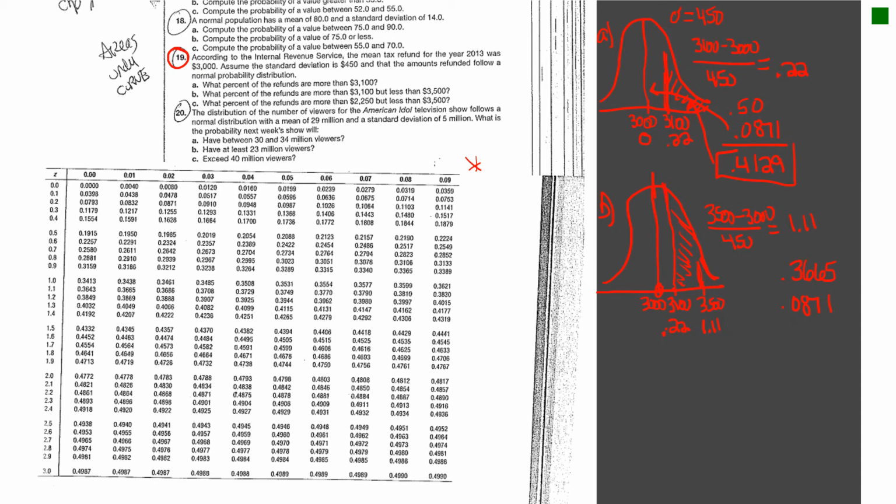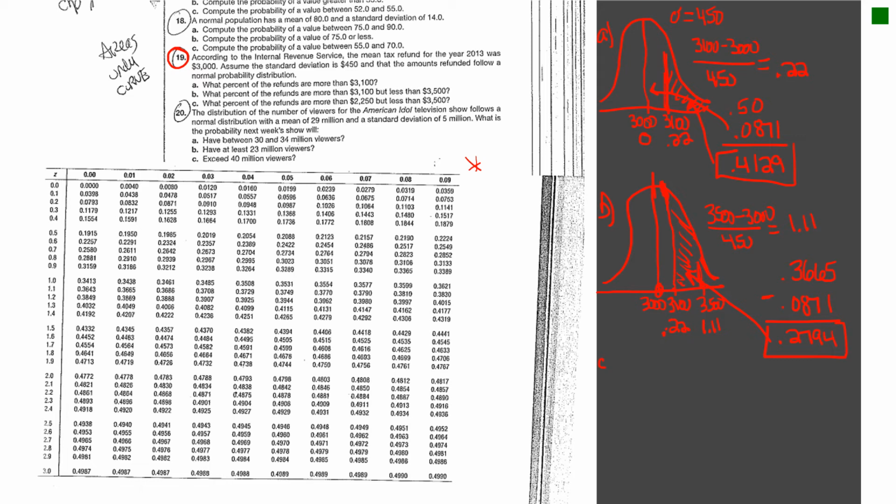So because we want where they intersect, and the table goes to the left for both, to get what's in the middle, we basically subtract, and your answer is going to be 0.2794, which would give you that area in the middle between these two areas. All right, so that would be letter B.